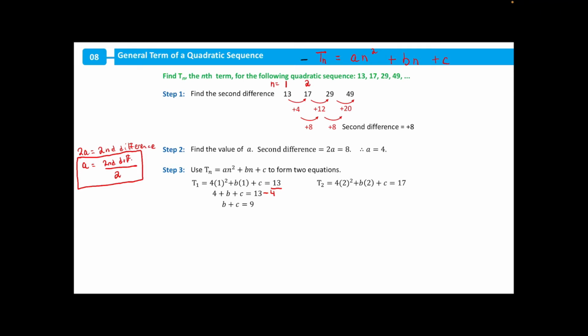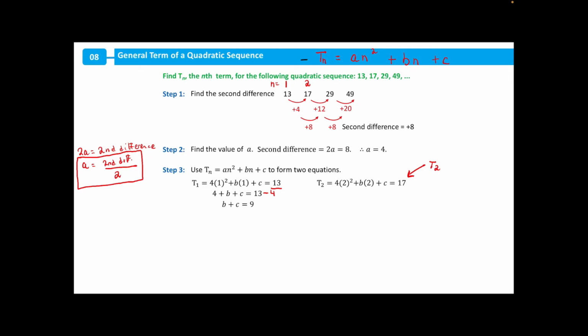Our second value equals 4 times 2 squared plus b times 2 plus c, equals our second value of 17.